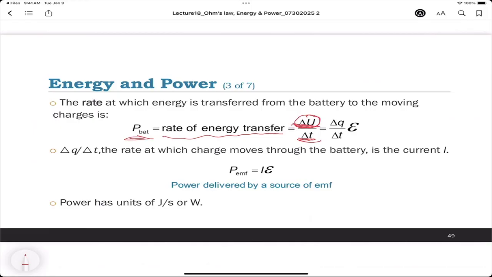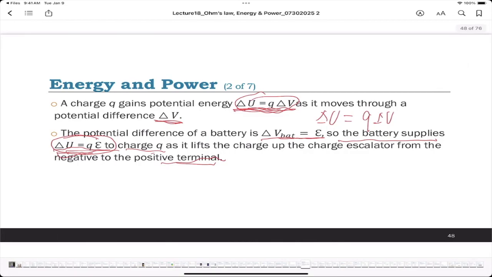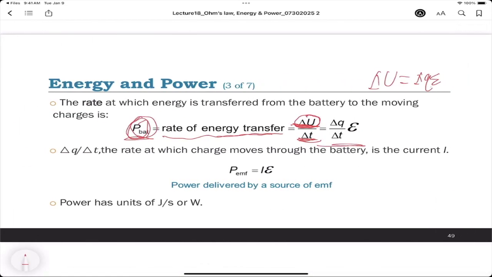This is the rate of the energy transfer. We use the symbol P_bat to represent this, because delta U equals delta Q times the EMF. So then we can get this equation. Does that make sense to you?